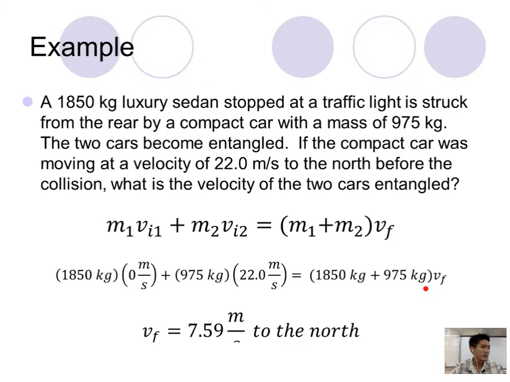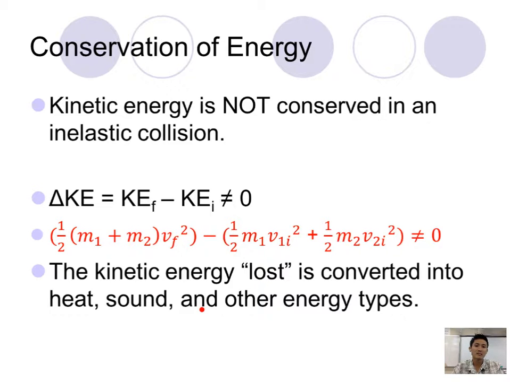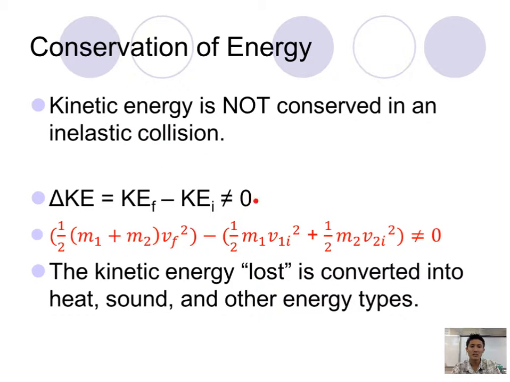And so here's the interesting thing about our perfectly inelastic collisions. When we talk about conservation of energy, whenever we have an inelastic collision, kinetic energy is not conserved. Some of it will be lost because of heat, sound, or other energy types as mentioned here. And so when we have the change in kinetic energy for an inelastic collision, it will not be equal to 0.